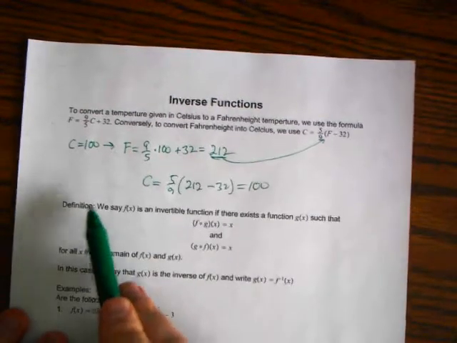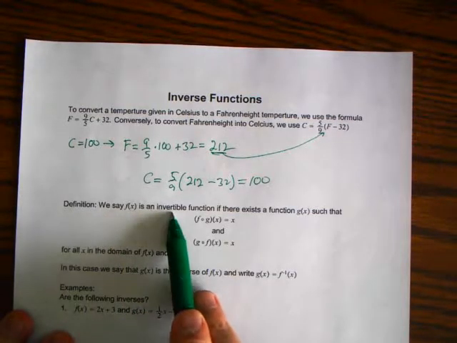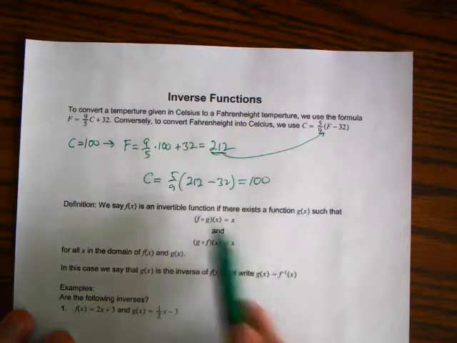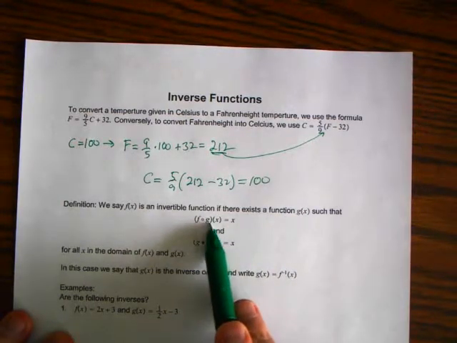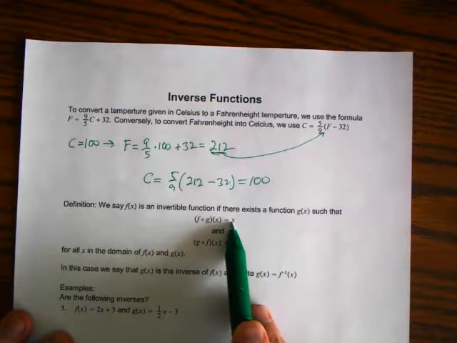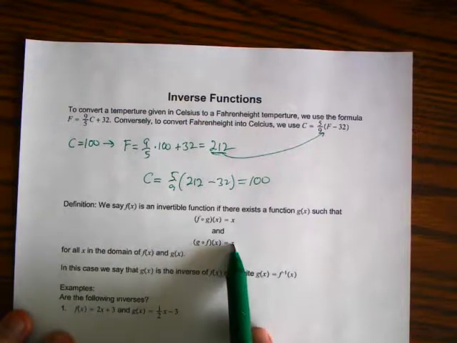So, the fancy math definition. We say f is an invertible function if there exists a function g such that f of g of x equals x. So when you do f and g, basically they cancel each other out, you get x back, and g of f of x equals x.